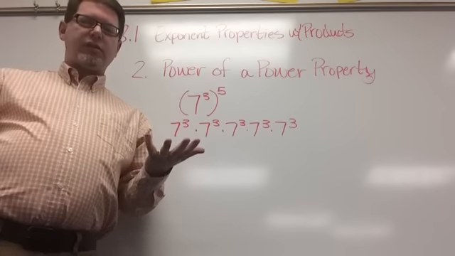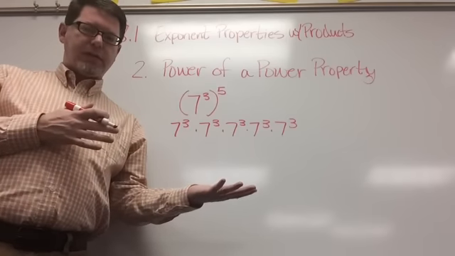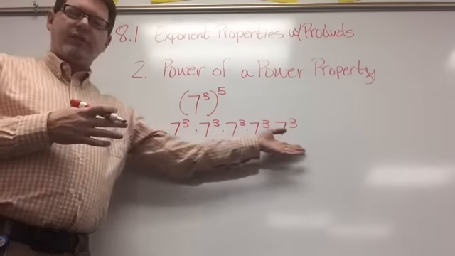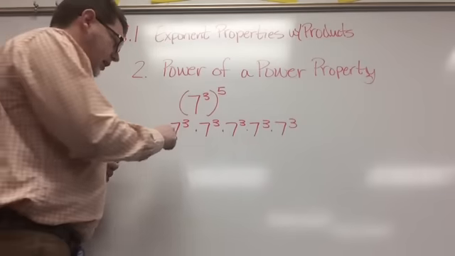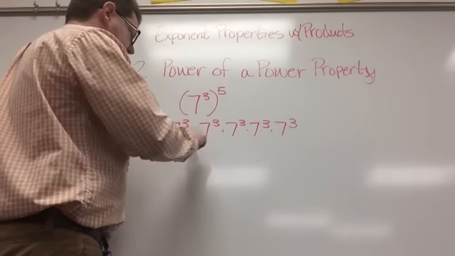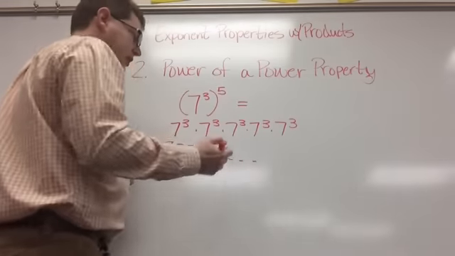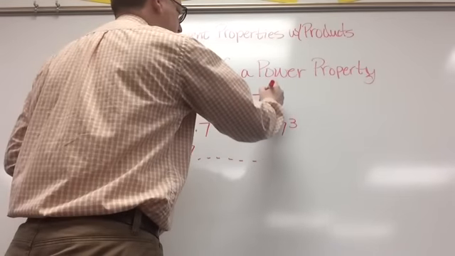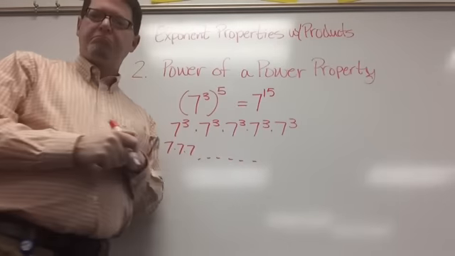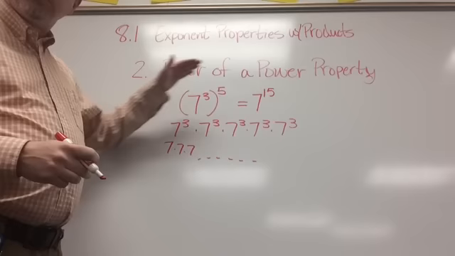Based on the first property that we looked at a second ago, I wonder how we could solve this one without having to write out 7 times 7 times 7 all the way through. I'll go ahead and tell you that this equals 7 to the 15th. So can you come up with a rule?